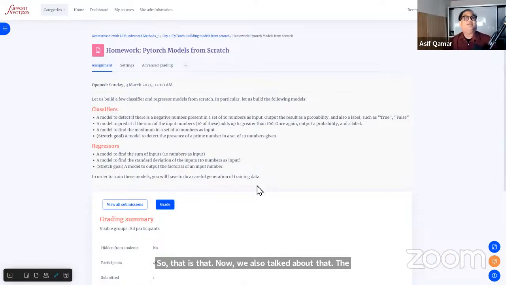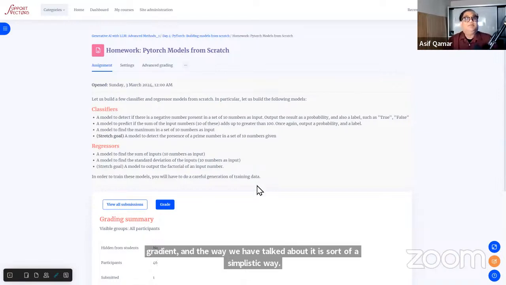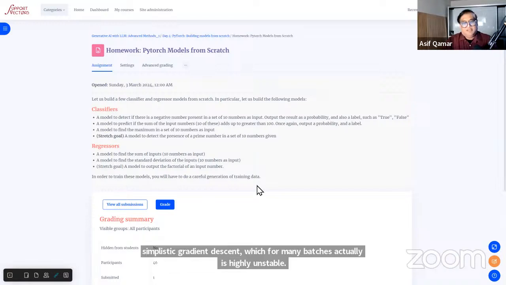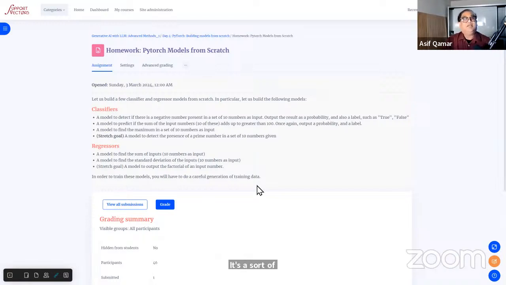There are many, many optimizers. Many of you have been through my courses, and you know that when I say gradient descent, I don't necessarily mean the vanilla simplistic gradient descent, which for many batches is highly unstable. It's a sort of stochastic gradient. It's not very effective, but to stabilize it and make it more well-behaved, there's a whole theory of optimizers.